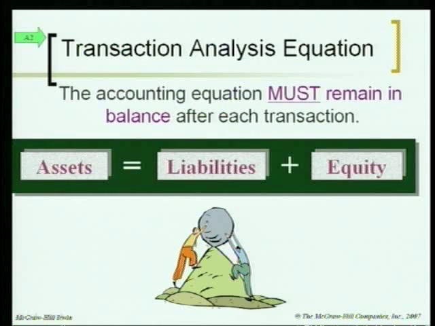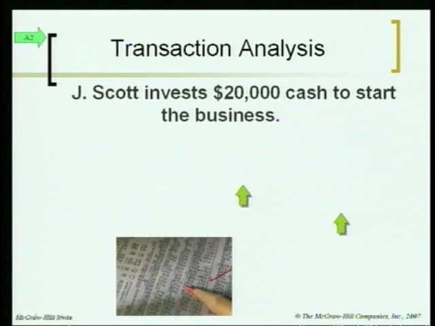Okay? First one. Let's say J. Scott invests $20,000 cash to start the business. Well, we know that when J. Scott, the owner, we know that the investing of assets into the business by the owner is one of those things that causes equity, owner's equity or owner's capital, to increase, correct?